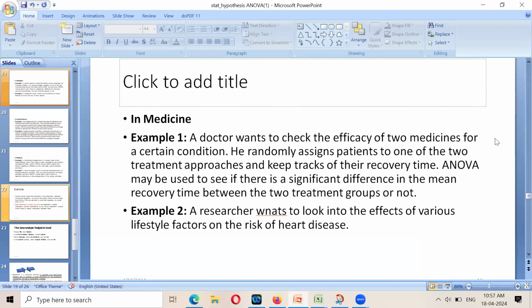In medicine, okay, 3 or 4 years ago, we all witnessed the COVID pandemic, right? So after the COVID pandemic, what were we doing? We were doing the vaccination, right? Covishield, and one more vaccine was there, right? So two vaccines came into the market.